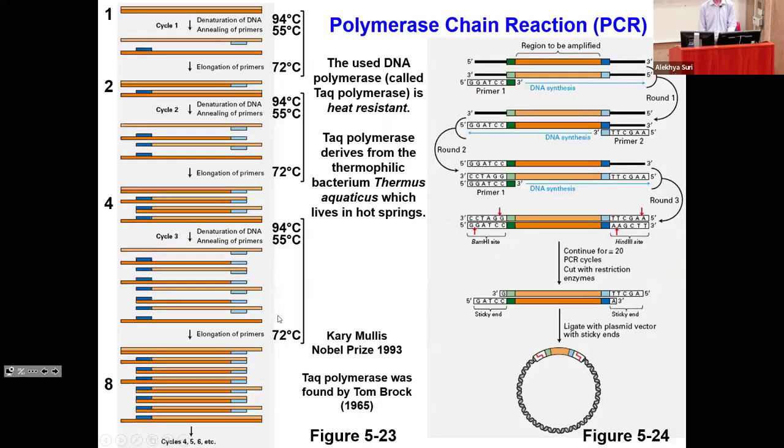Okay, so this is when, in the previous slide, you have a certain amount of DNA present, and then you do restriction enzyme digestion, you do ligation, and so on. But sometimes you may have very tiny amounts of DNA.